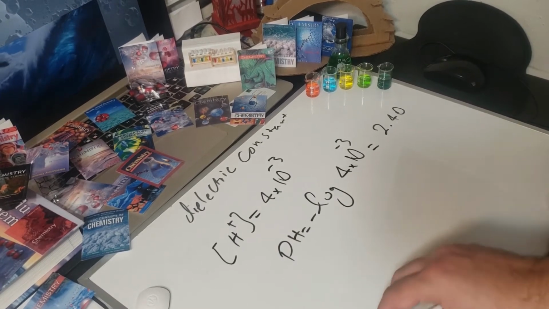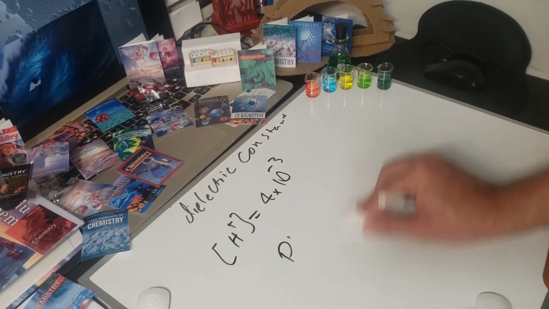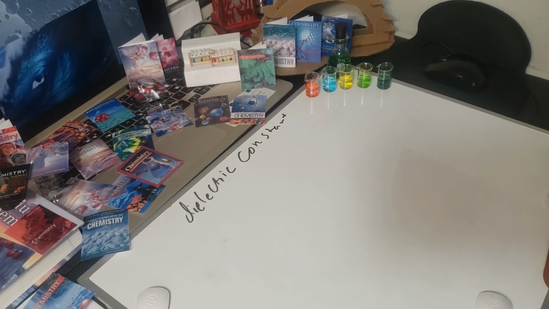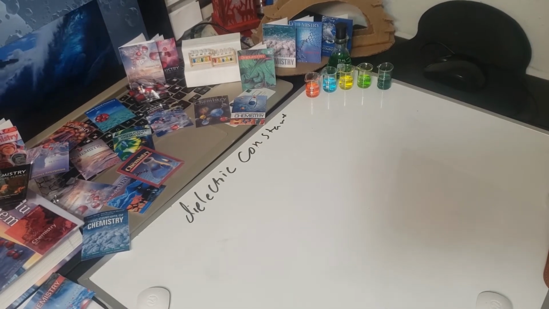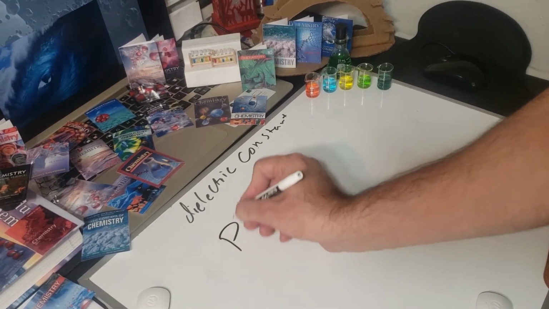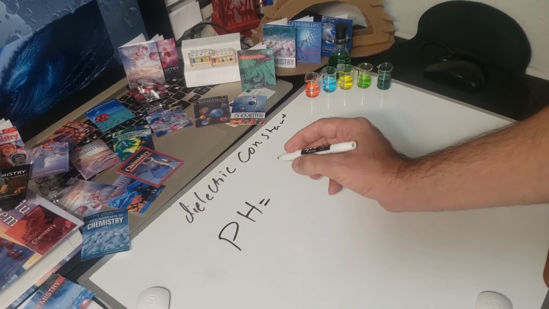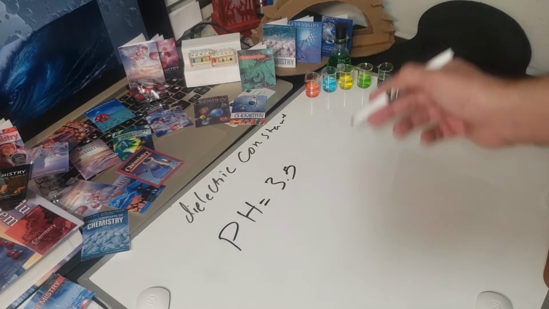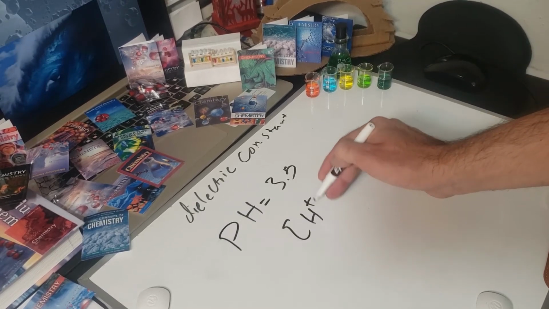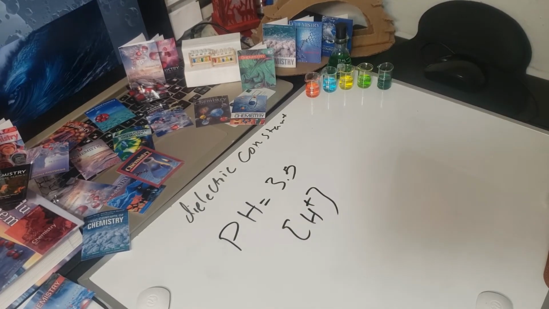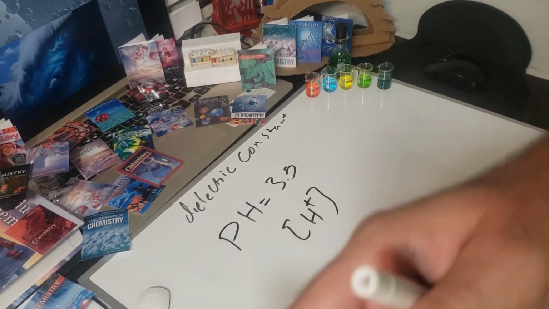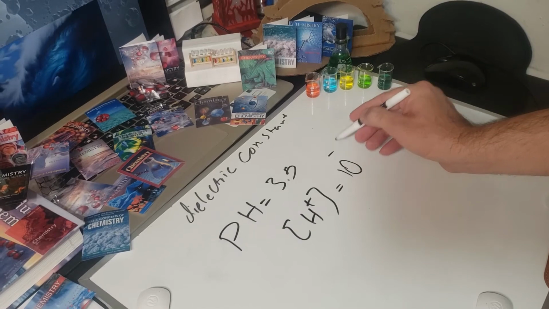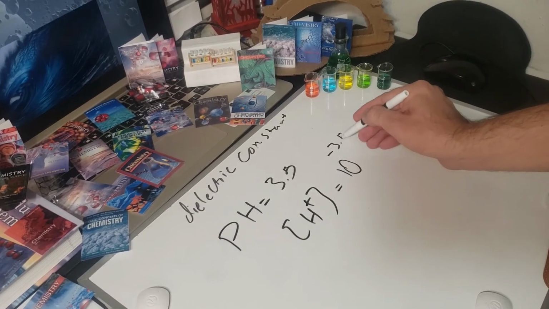Let's do yet another example on this. Now let's do the example if we have the pH, okay? And I'll show you for the first example of this. If the pH is 3.5, what would be the concentration of H plus? Now on my calculator, I just have to take care of the parentheses. This is based on the formula 10 to the power of minus pH, so minus 3.5.